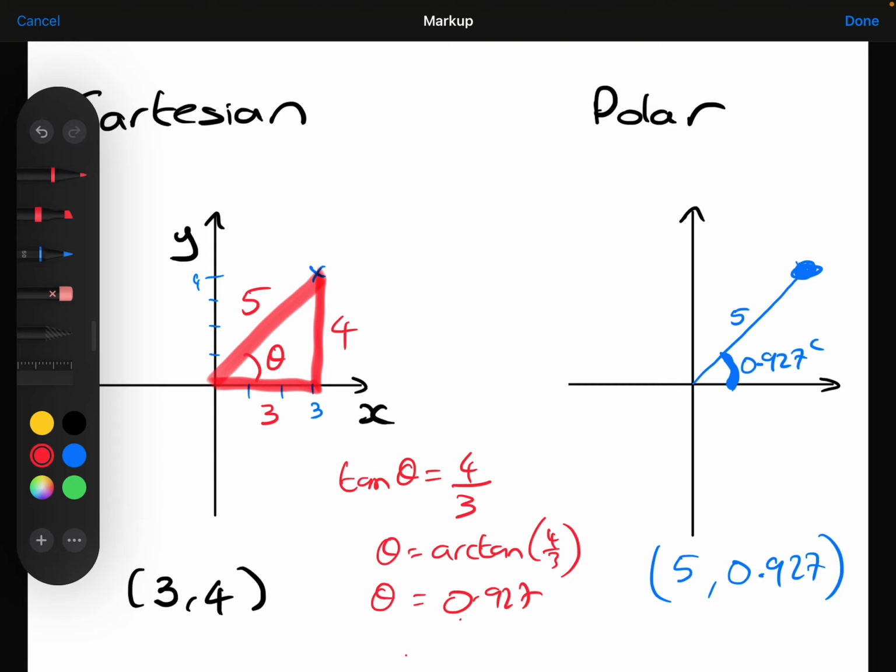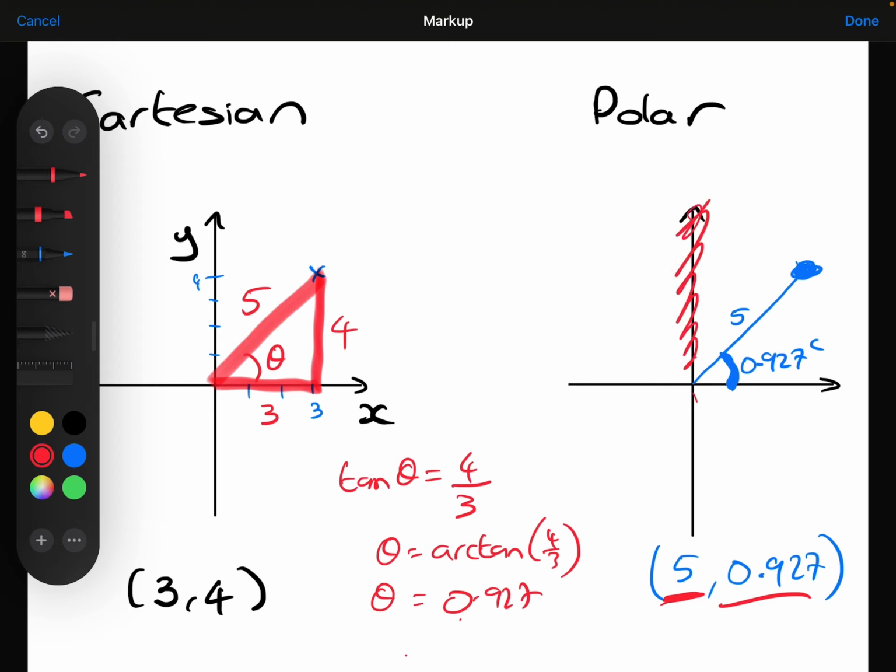So this is our polar coordinate system. The two key things are the distance away from the origin and the angle it makes with the x-axis. So the y-axis is not actually very important anymore, and we don't include it when doing polar coordinates.